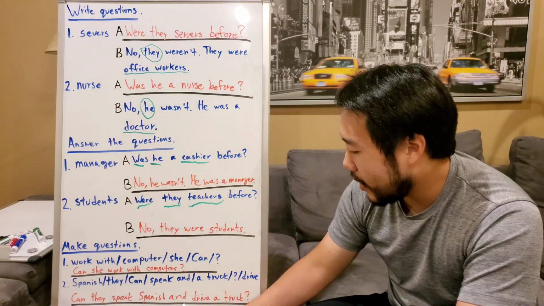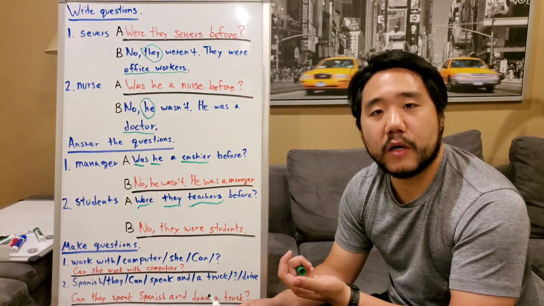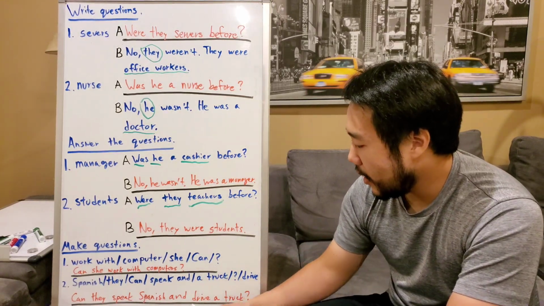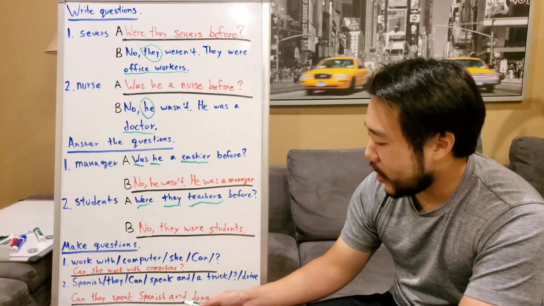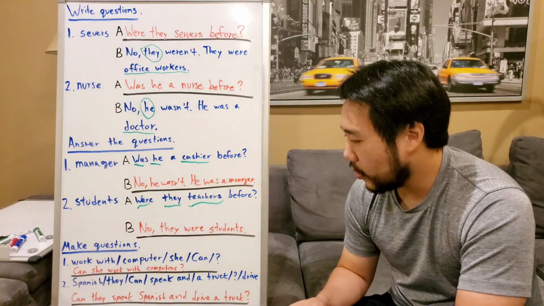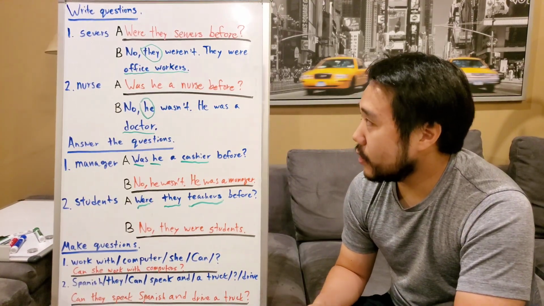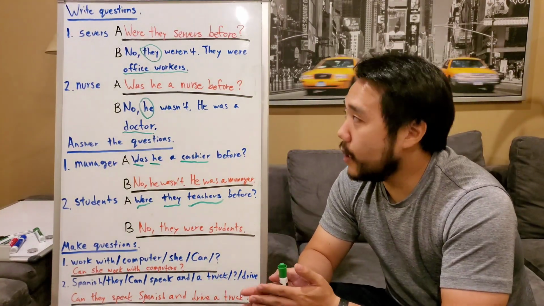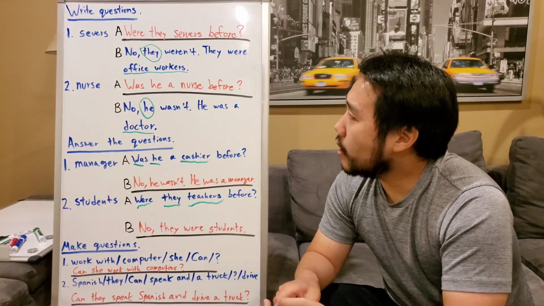Spanish, here, and because it's and, we have to tell them another verb or ability that they can do. So, and drive a truck, question mark. Can they speak Spanish and drive a truck? That'll be the correct question for this exercise. So we finished reviewing Unit 8, and this was part 1 of today's video, May 19th of 2020.